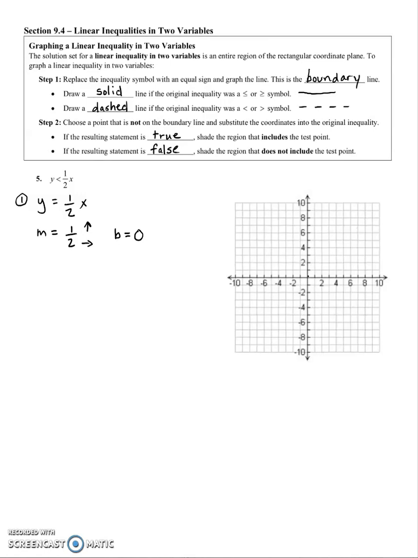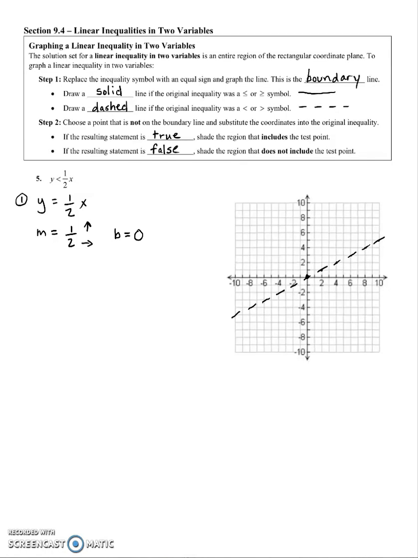So we start with a y-intercept of 0, and from there we go up 1 and over 2. Now, we're going to draw a dashed line because our original inequality symbol was a less than. So there's our dashed line.